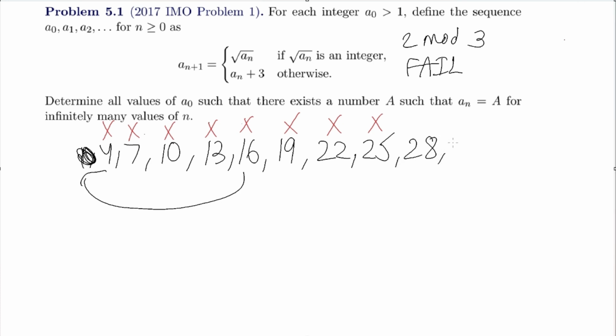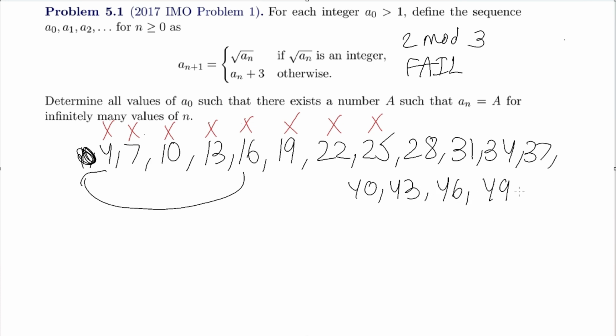Then we go 28, 31, 34, 37, no perfect square yet, 40, 43, not yet, 46, 49. Wait, 49 is a perfect square. It is 7 squared. So we end up going back to 7. But because we know that 7 fails already, there's no way we can get 28 stuck in a loop. So 28 fails. So do all of these numbers over here.